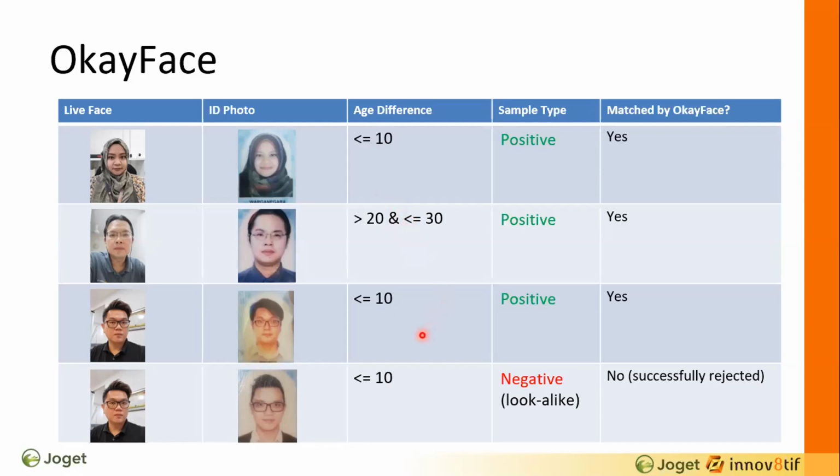From the third and fourth cases over here, the third case is able to detect the person as the correct person, and in the last case, even though the hairstyle, spectacles, and face shape are quite similar to the selfie taken, it is able to detect that it's not the same person and reject this case.